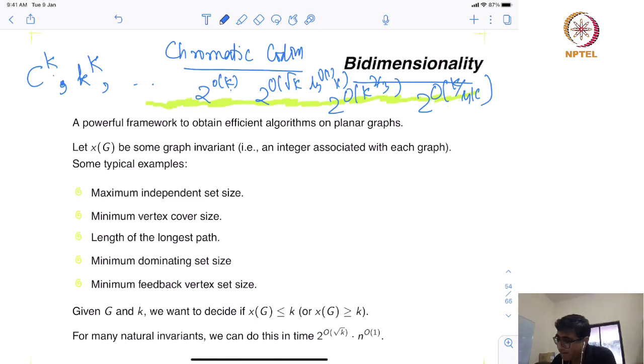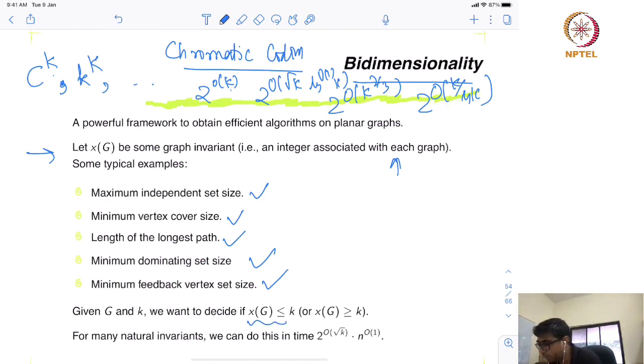Let chi be some graph invariant, that is, an integer associated with each graph. Some typical examples: maximum independent set size, minimum vertex cover size, length of longest path, minimum dominating set, minimum feedback vertex set. Our question is, given G and k, we want to decide whether chi of G is at most k or at least k.